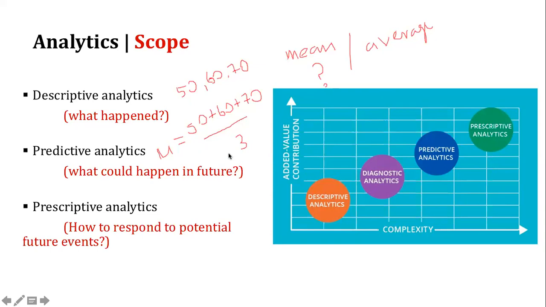So the mean or average is the representative value, the value that best represents these three data points. That's what we mean by the mean. That's what we understand by the mean, the value that best describes the data.